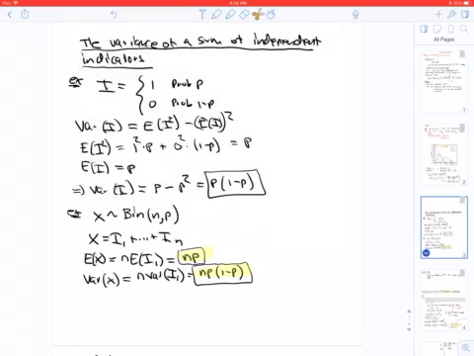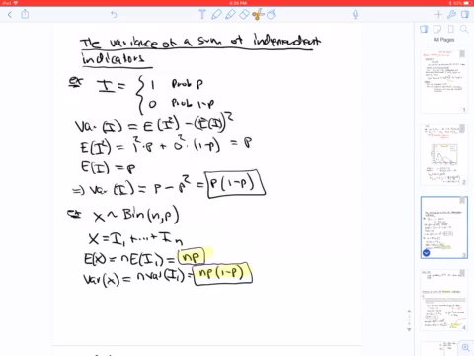Now, let's move on to the variance of a sum of independent indicators and start off with the variance of just an indicator itself. So variance, remember, is the expectation of I squared minus the expectation of I quantity squared.